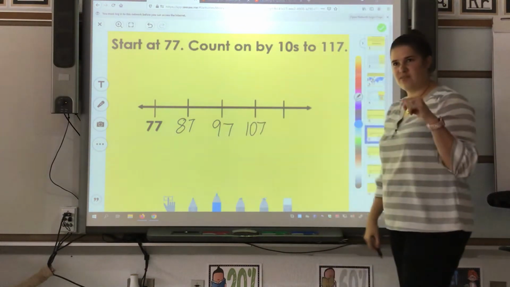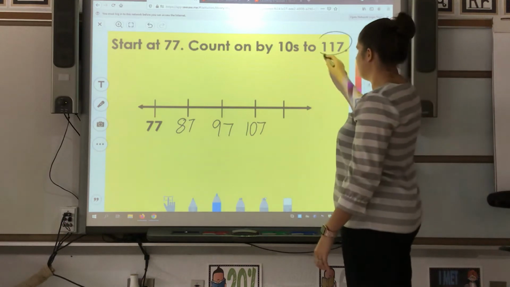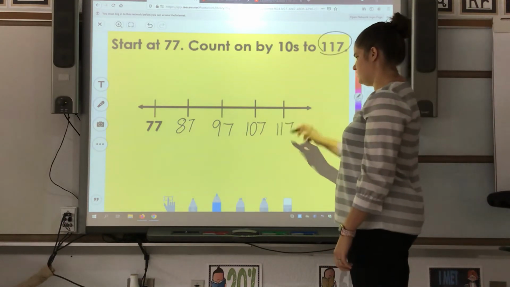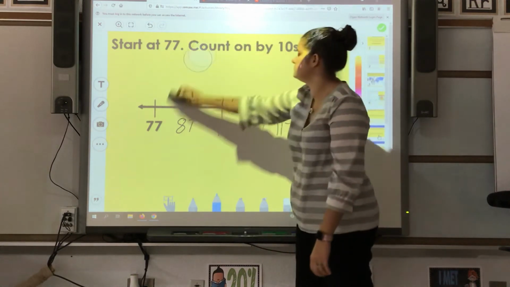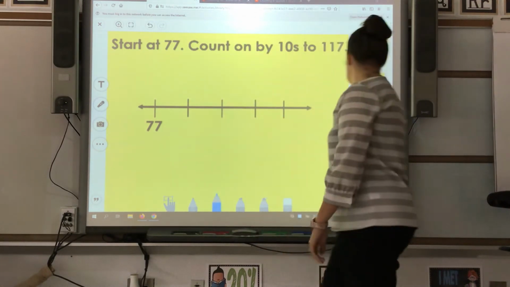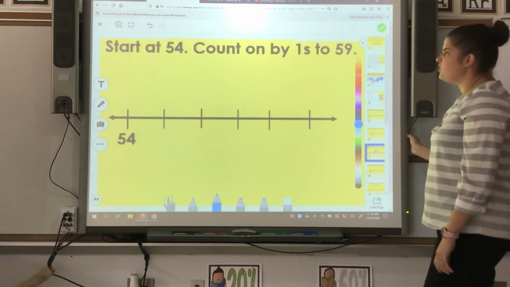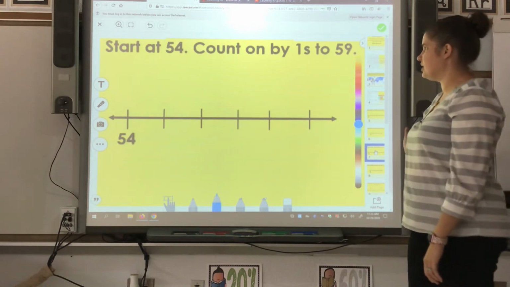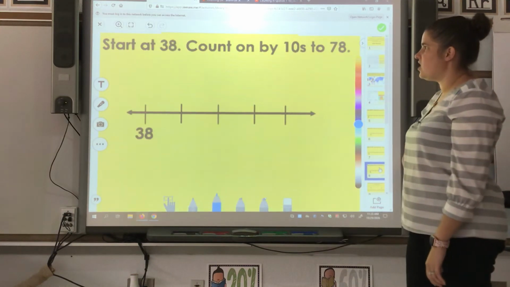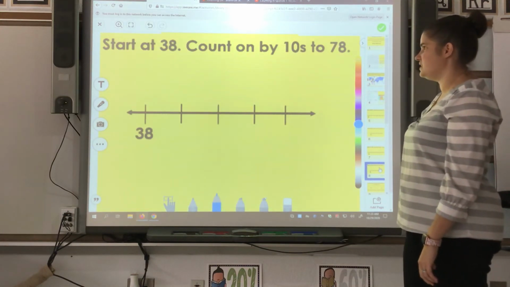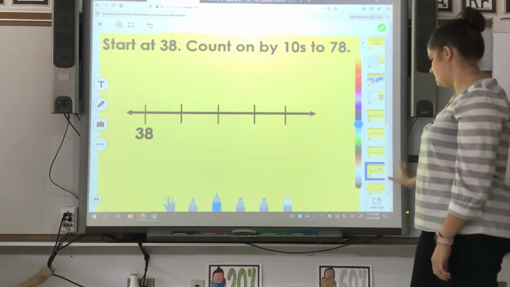And 107 plus 10 is 117. You've got another one to complete that is counting on by ones to 59. And also counting on by tens from 38 to 78.